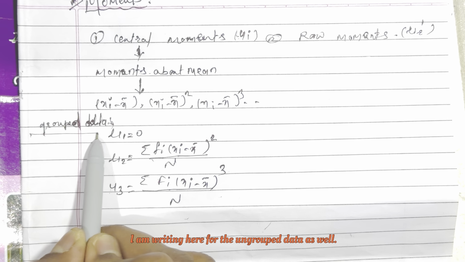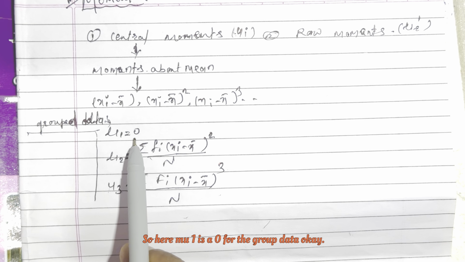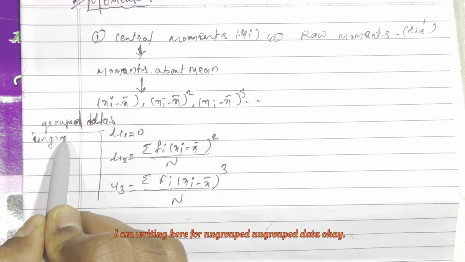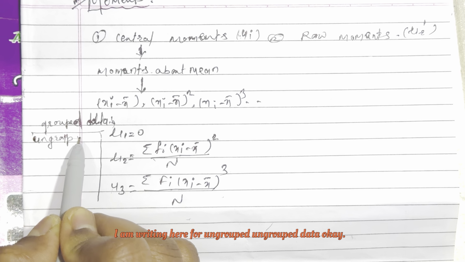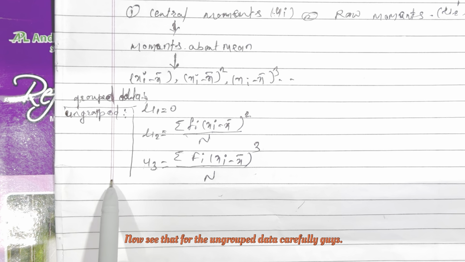I'm writing here for ungrouped data as well, so you will get an idea. Mu1 is 0 for grouped data. Now see the ungrouped data carefully.